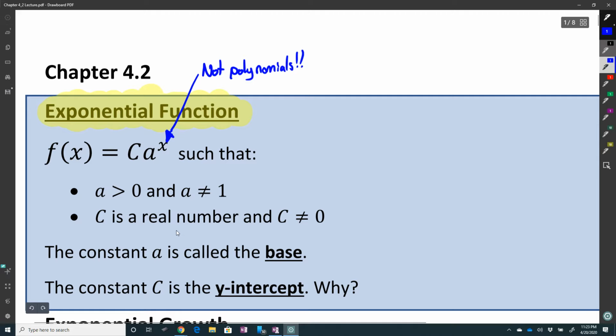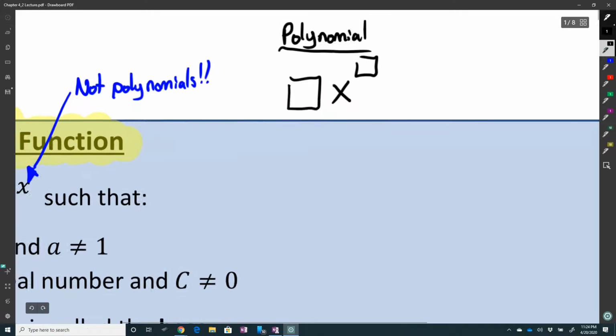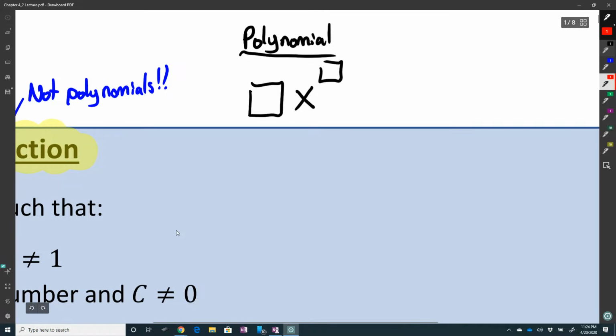What makes them different is for a polynomial, polynomials are of the form x to the n, where this number is just a real number, any number.